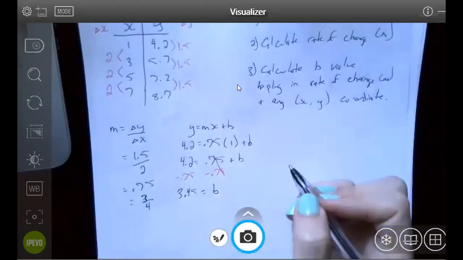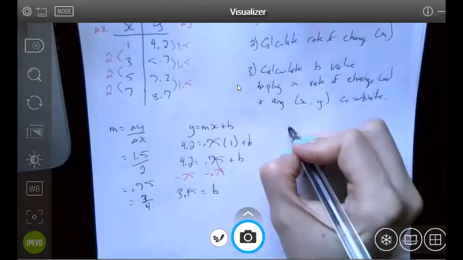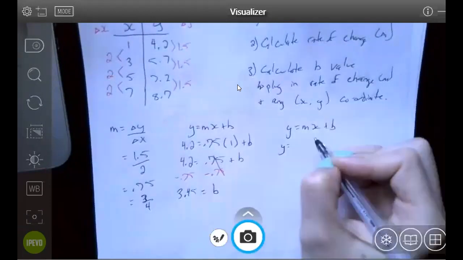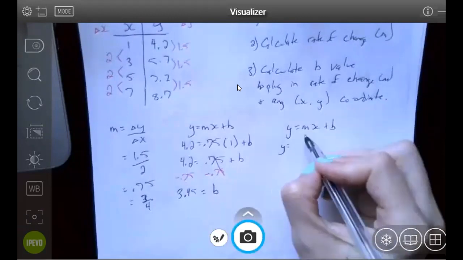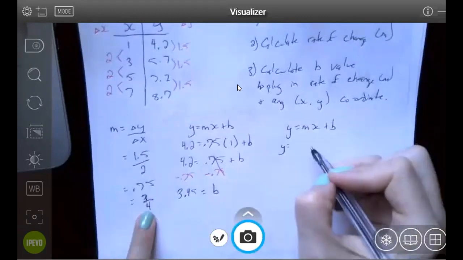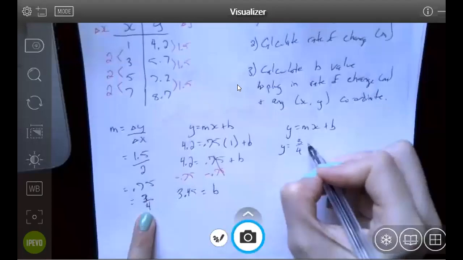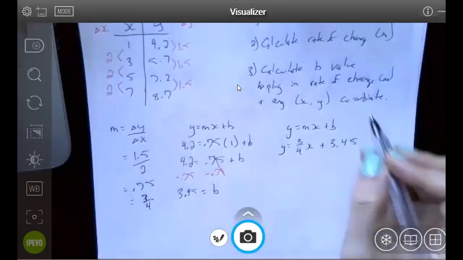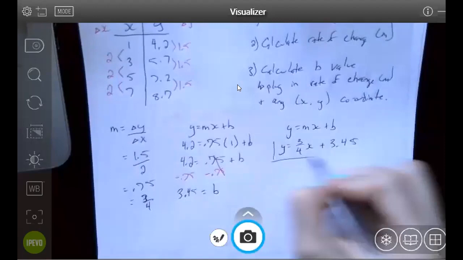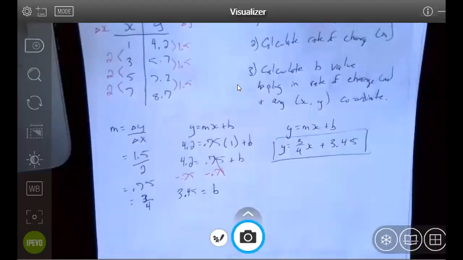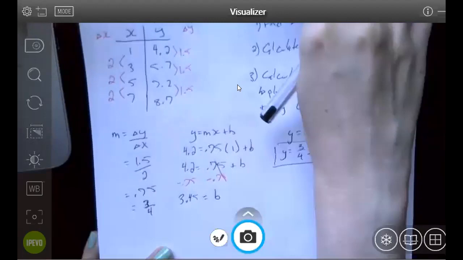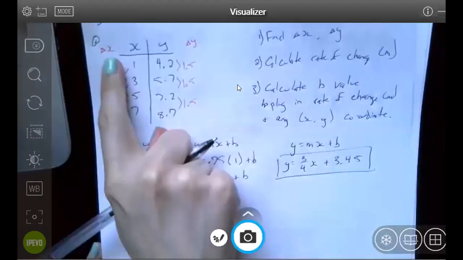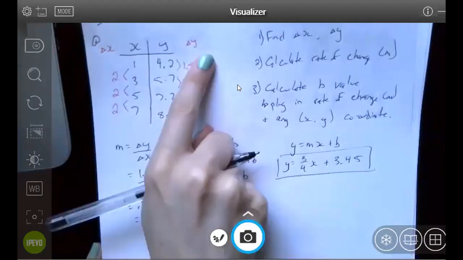And then our final step is to go back to our y equals mx plus b and just plug in our m value of either 0.75 or 3/4 and our b value. And that would be our final answer. Okay, so we started off up at the table. Step one, finding our change in x and our change in y.